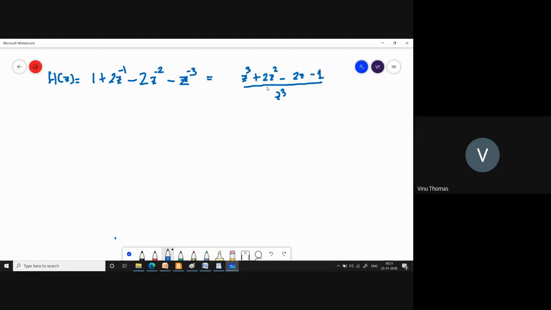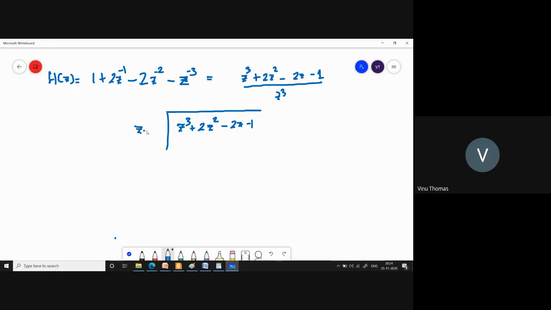So you will have a 0 at z equal to +1. That is confirmed. Which means you will be able to factorize z cube plus 2z squared minus 2z minus 1 by z minus 1, because you have a 0 at +1. So z cube plus 2z squared minus 2z minus 1 can be factorized by z minus 1.